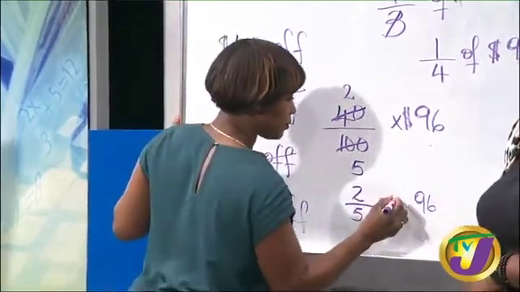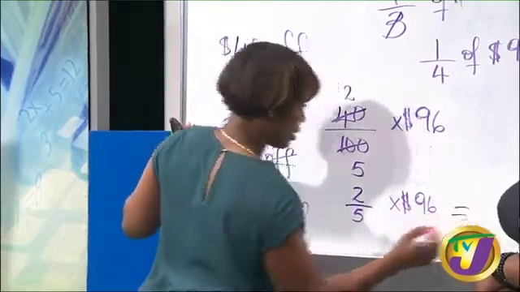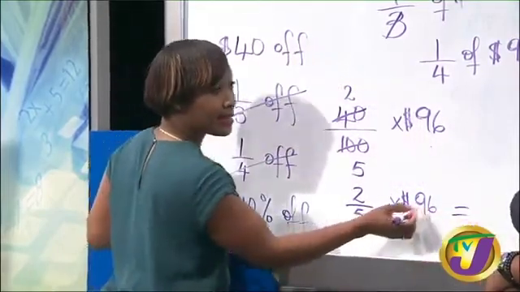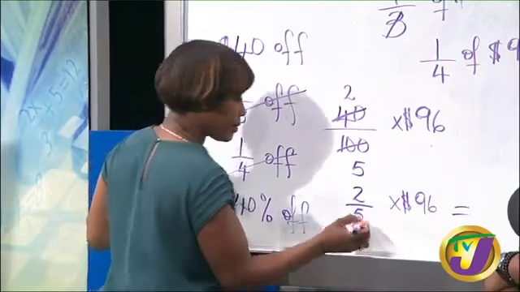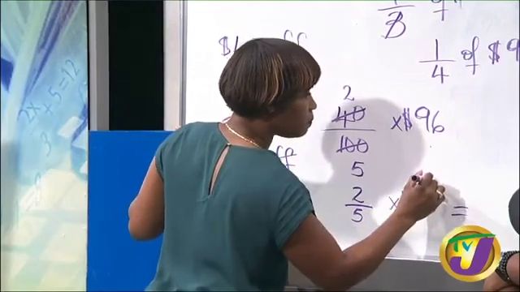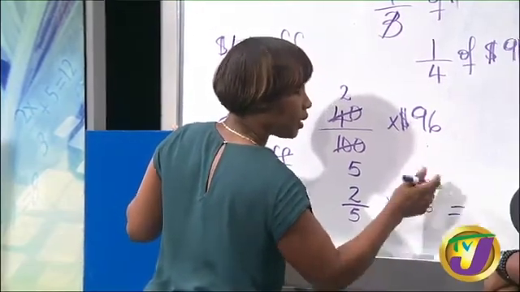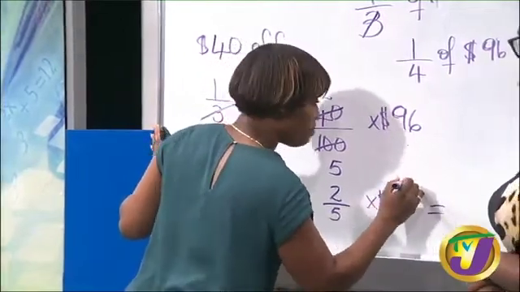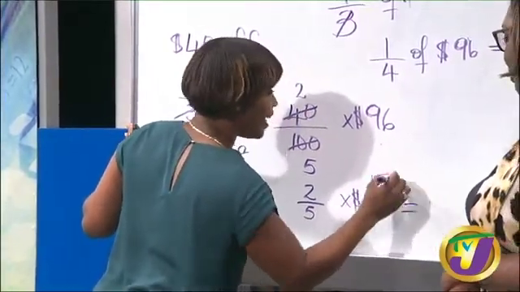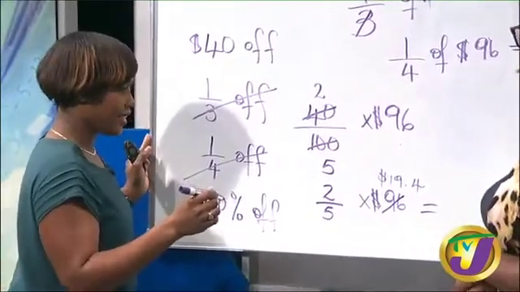If I were to divide 96 into 5 equal parts, I would get $19.20.